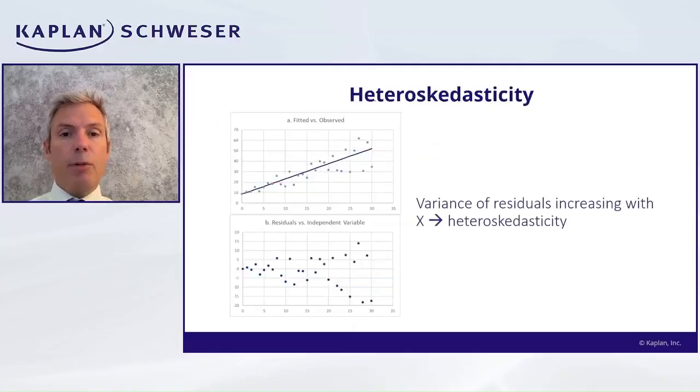The second assumption, homoscedasticity. The breach of it is heteroscedasticity. This would be where the variance of your error terms changes and is not constant. So if you look at this data here, these dots, we've fitted a line to it.